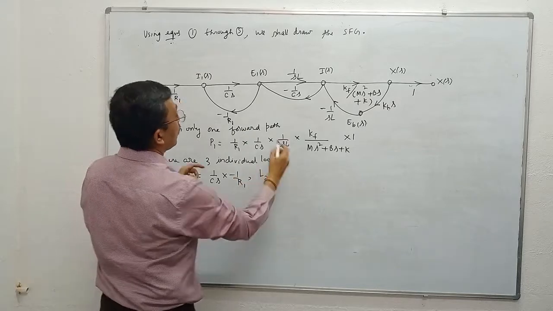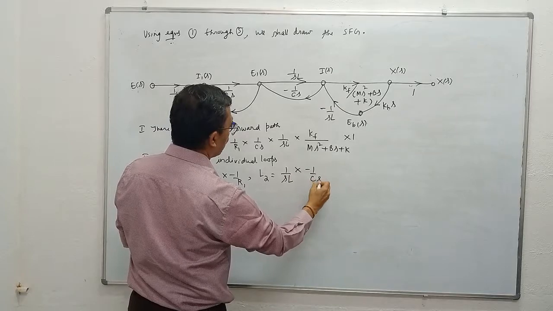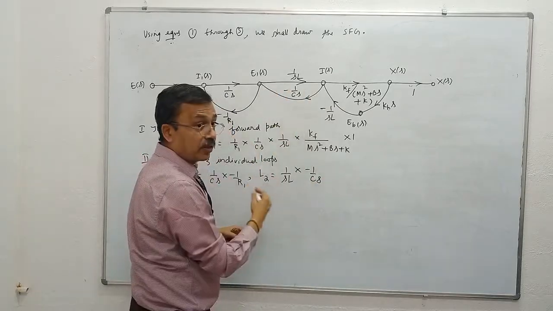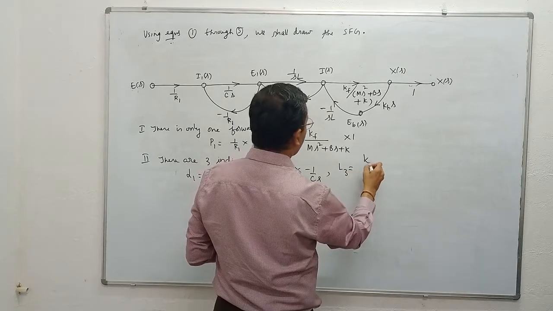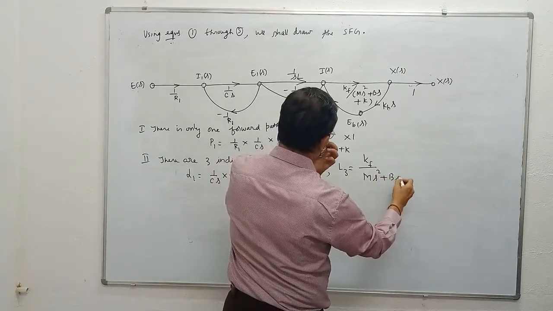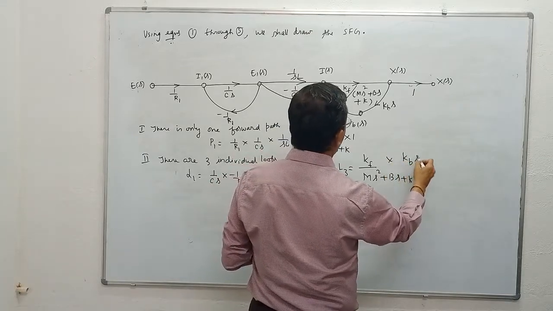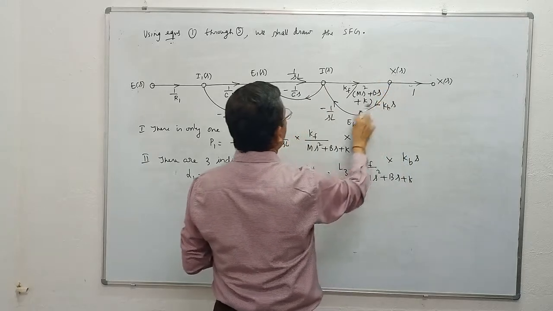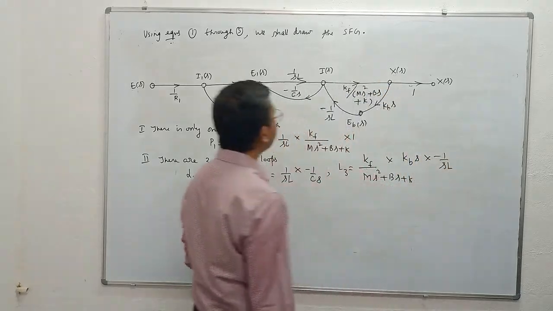L2 equals 1 by SL into minus 1 by CS. This is the loop. What is L3? L3 is equal to KF divided by MS square plus BS plus K into KB into S into minus 1 by SL.